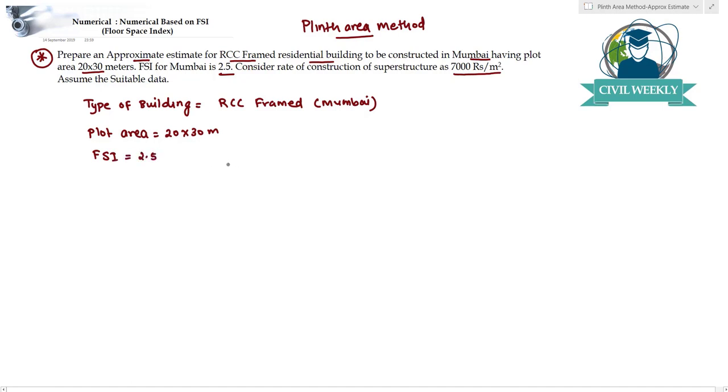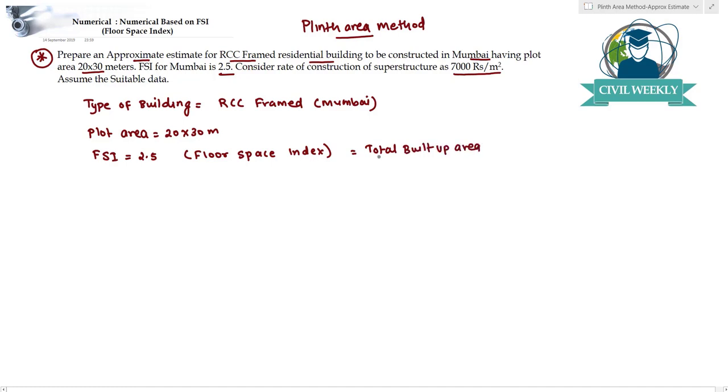So what is this FSI? FSI is nothing but floor space index. So what is this particular floor space index? Floor space index is nothing but the total built up area upon plot area.